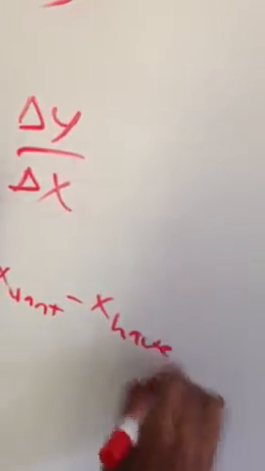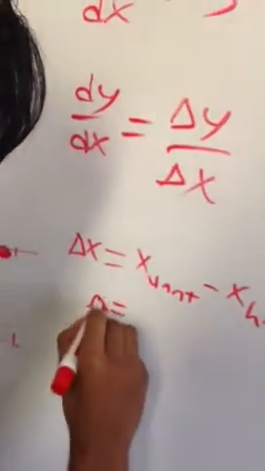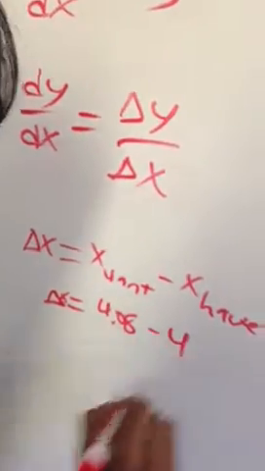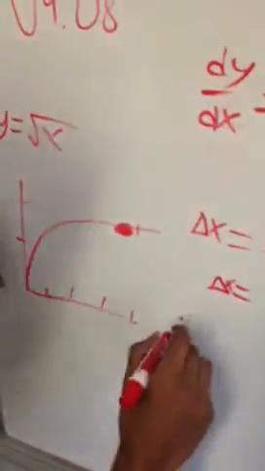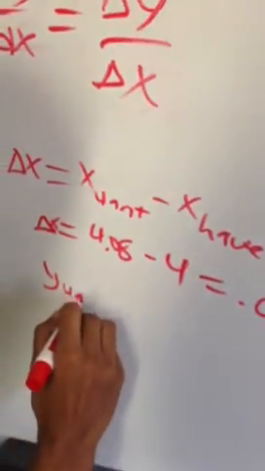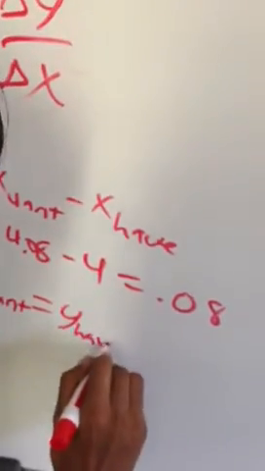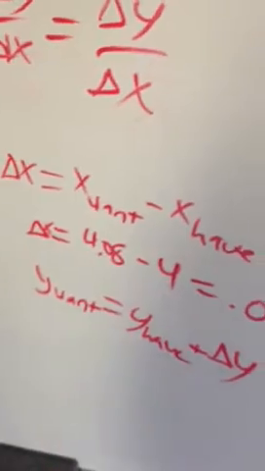The x value we have is the most practical one, x equals 4 and y equals 2. Delta x, therefore, is 4.08 minus 4, which is just 0.08. Now the y value we want is the y value we have, this is 2, plus delta y. We're going to find delta y.